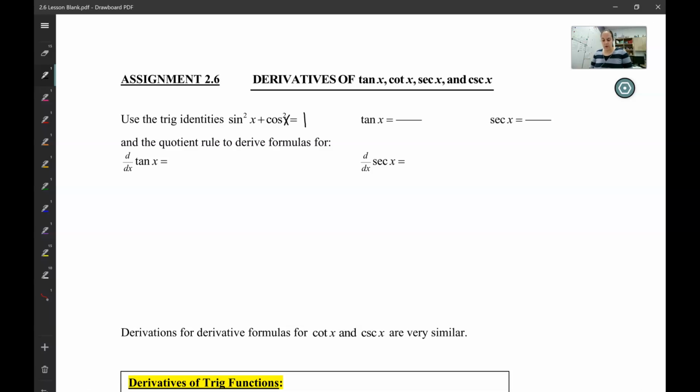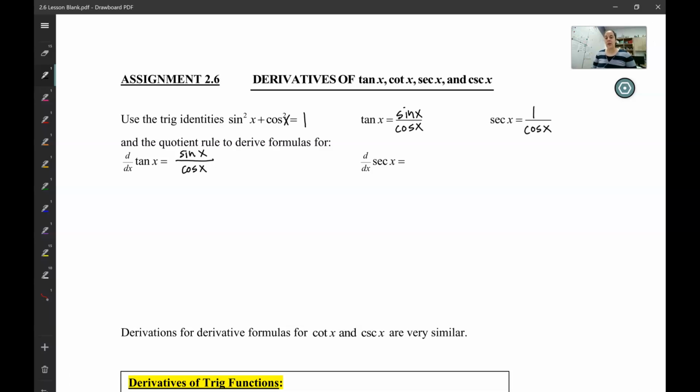Another trig identity, we know that tangent is sine of x over cosine of x. And we know that secant is 1 over cosine of x. So we're going to use those to find the derivatives of tangent and secant. So for tangent, let's start by converting tangent of x to sine of x over cosine of x.